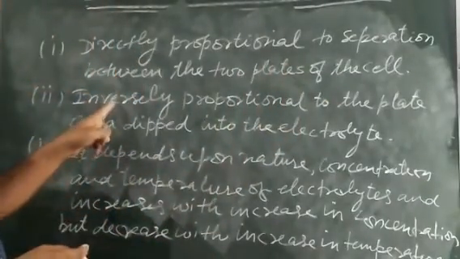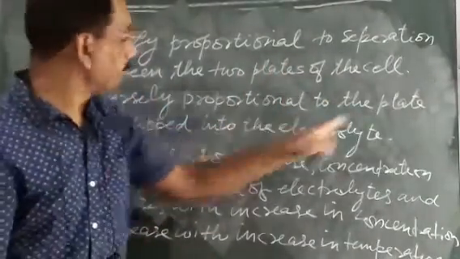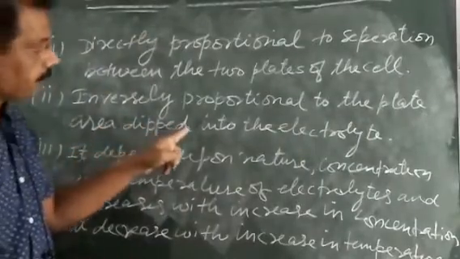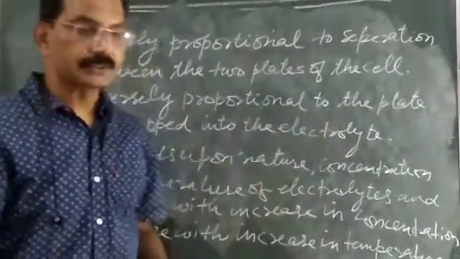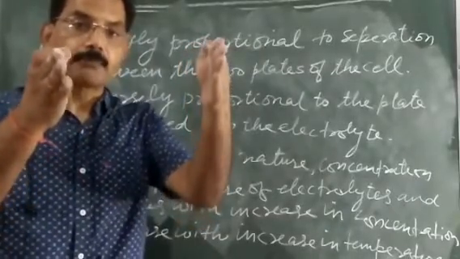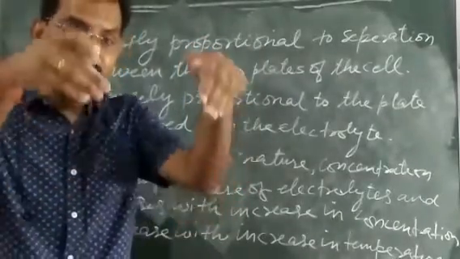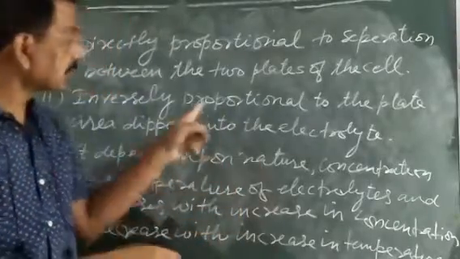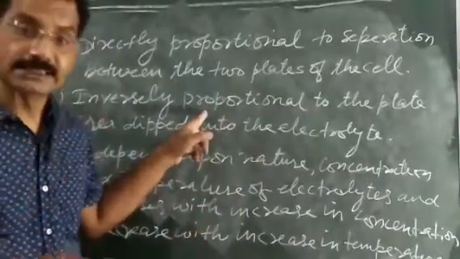Second point, it is inversely proportional to the plate area dipped into the electrolyte. It means if more area of the electrode is dipped into the electrolyte, then its internal resistance will be less.